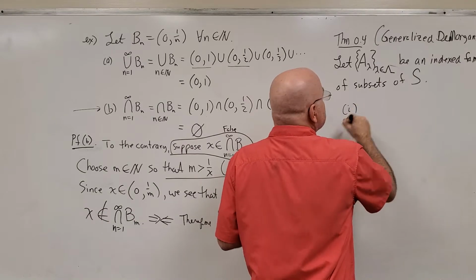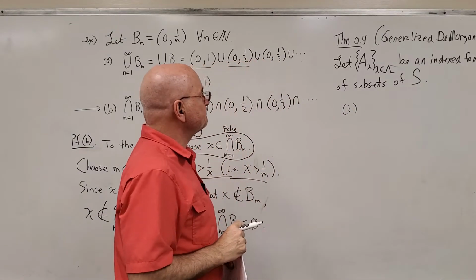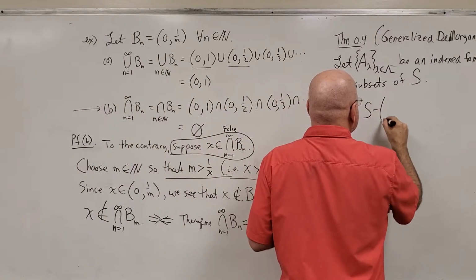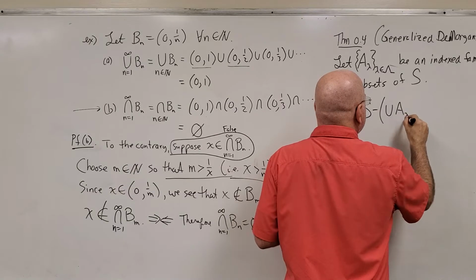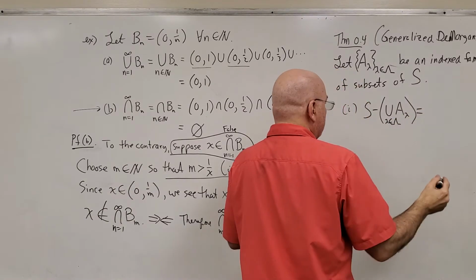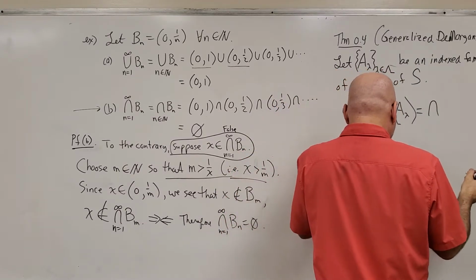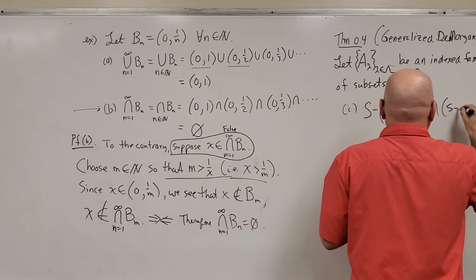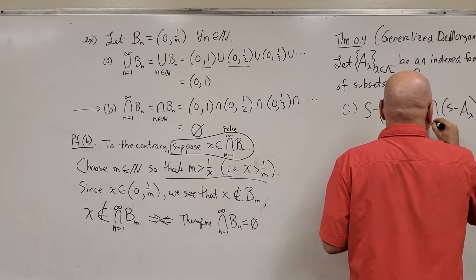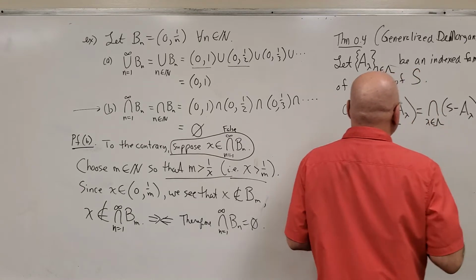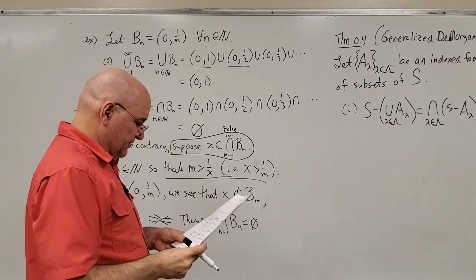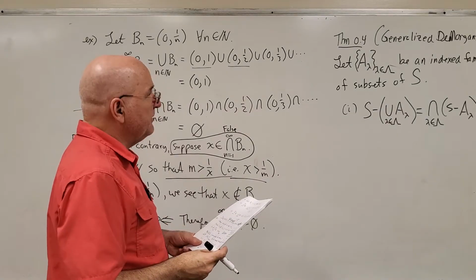The generalized De Morgan's laws say that S minus the union of the A lambdas is equal to the intersection of the S minus A lambdas. And if you think hard on that, it's pretty similar to something we've looked at earlier.